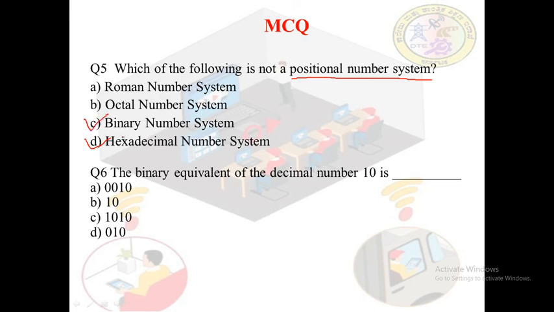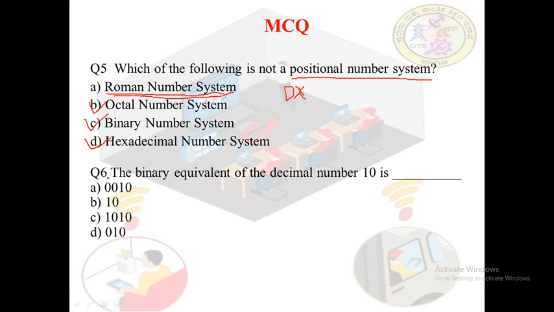In binary number system, by a factor of 2. In octal number system, by a factor of 8, from right to left. Whereas in Roman number system, there are no digits at all, only alphabets. Each alphabet has its own value that doesn't depend on its position. Therefore, Roman number system is not a positionally weighted number system. Option A is the right answer.